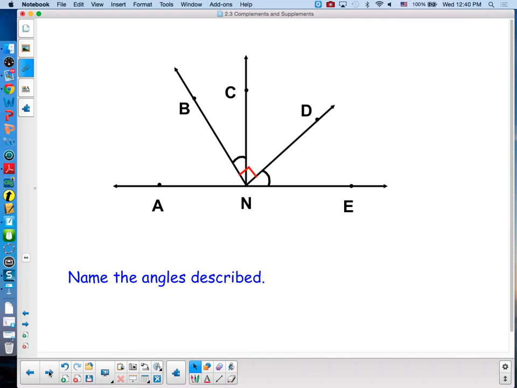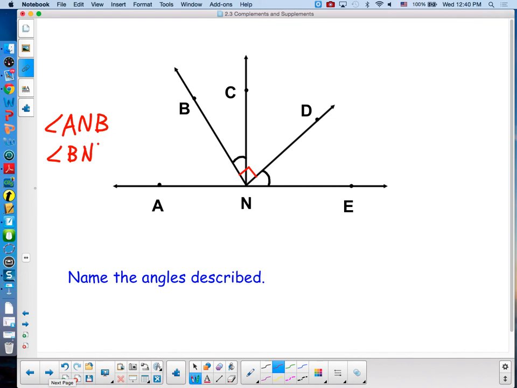Another one, Morgan? B and C and D and C. B and C and D and C, those 2? Okay, yes. How about if I said angle A and B and angle B and E? Yes.